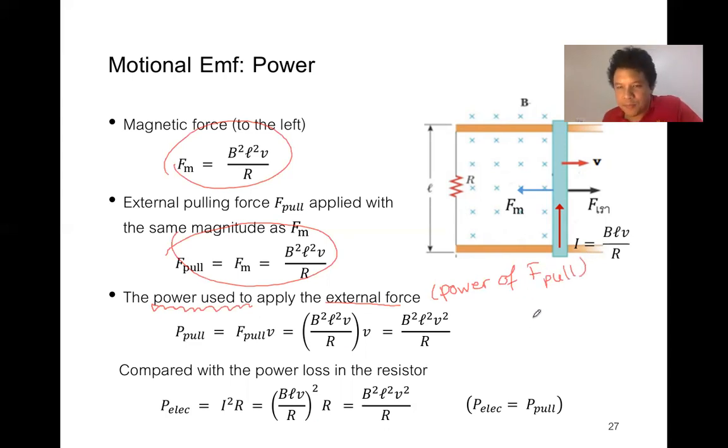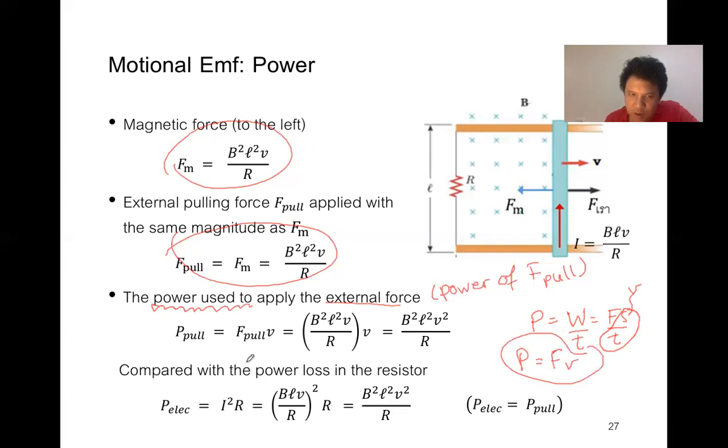So normally we have the definition of power, P, as the work done divided by the time. If I write down the work done as force times distance, I can use S over T as the speed, in the case of constant speed, so that I can write down P as FV.